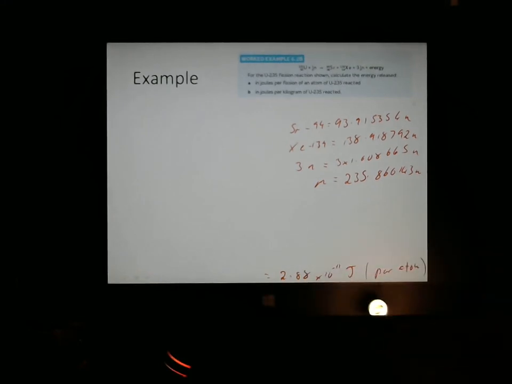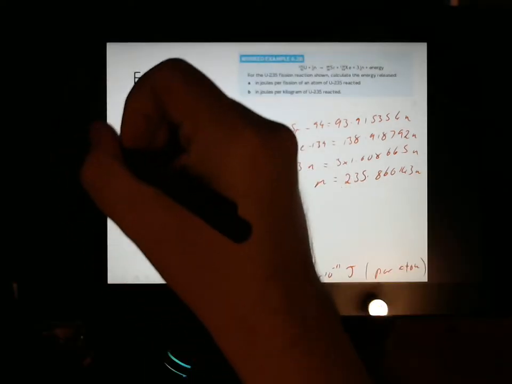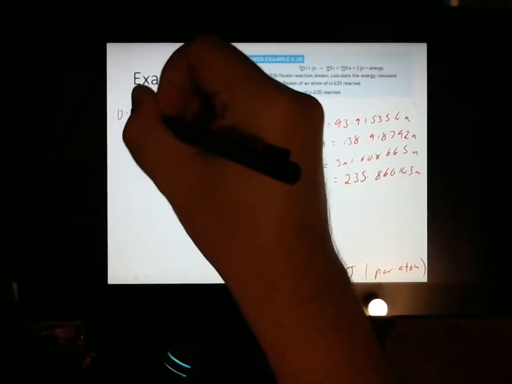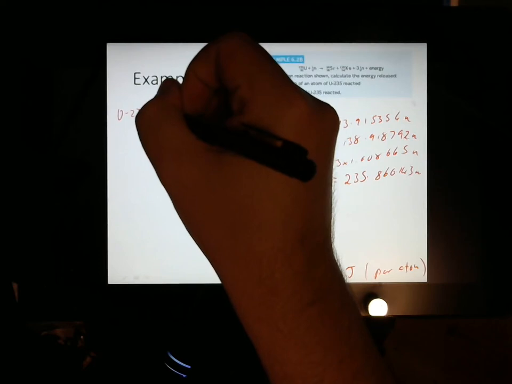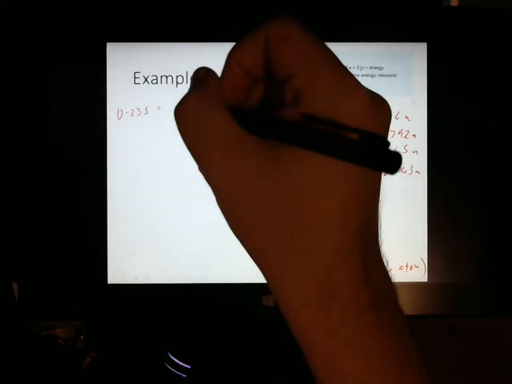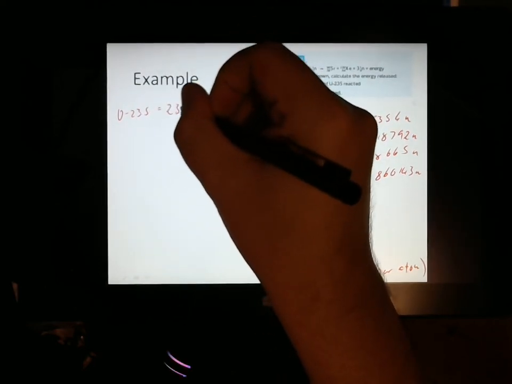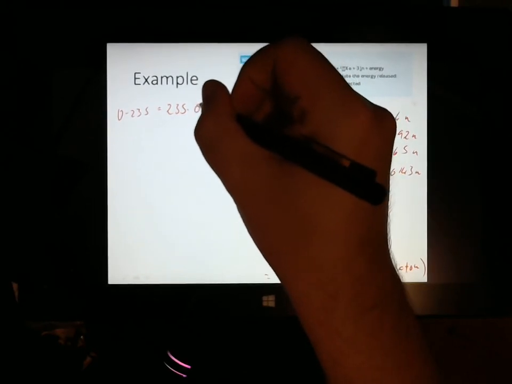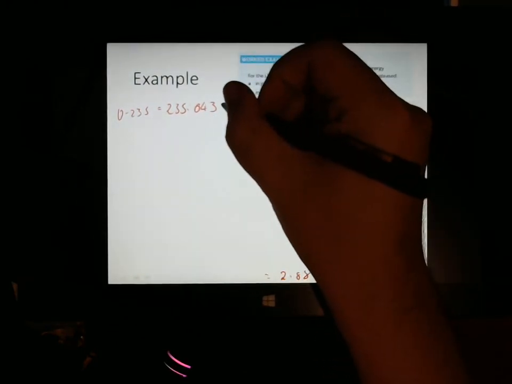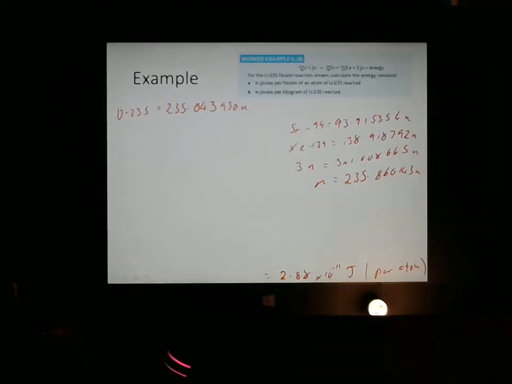So, we know the energy per atom of uranium-235 is down there. We need to know how many atoms of uranium-235 are in 1 kilogram. So, the mass of uranium-235, after we put all the bits together, remember, is equal to 235.043 u, and we need to turn that into kilograms.